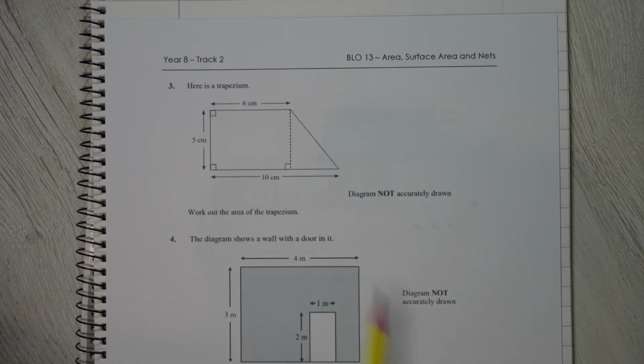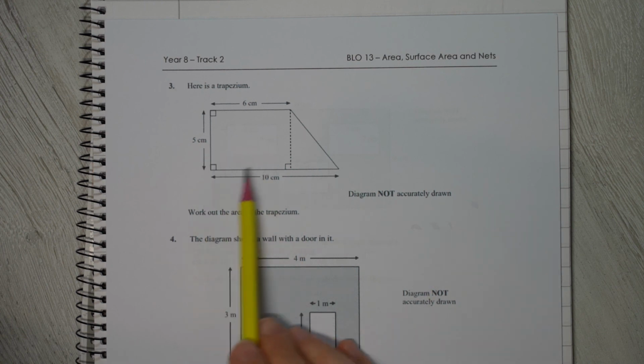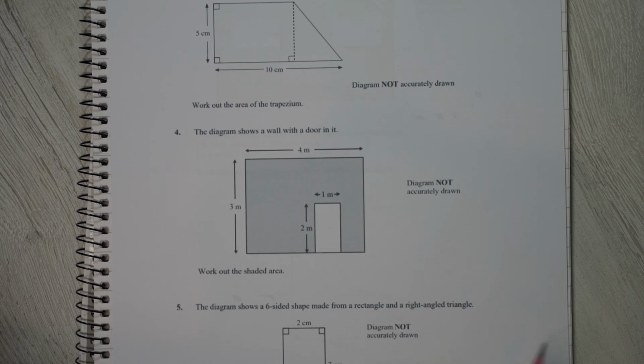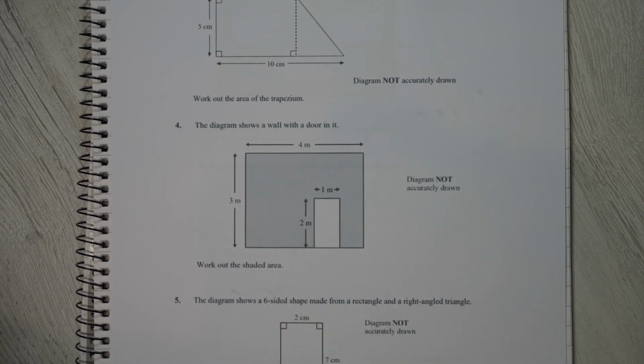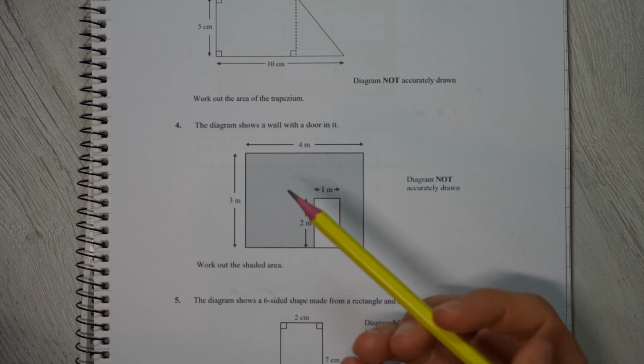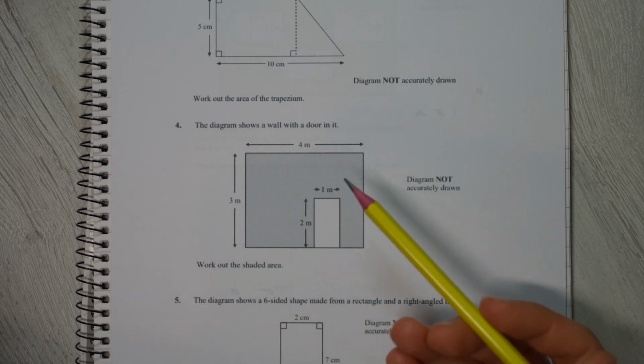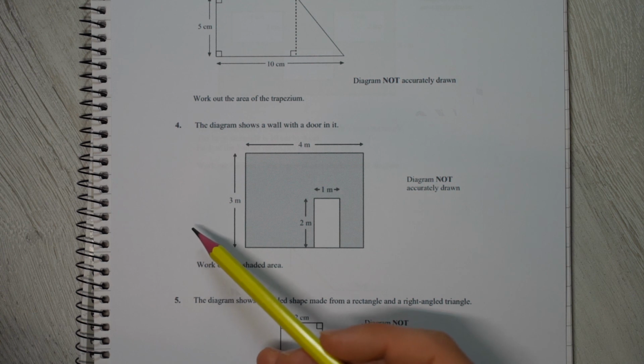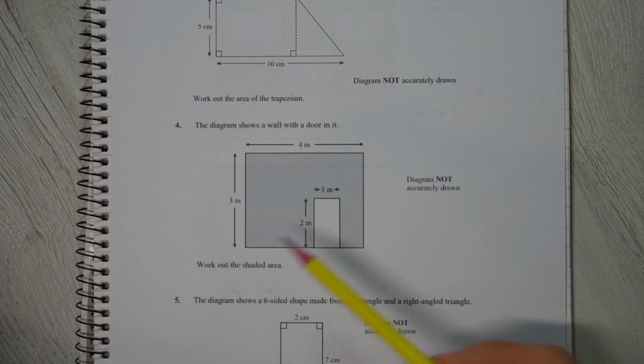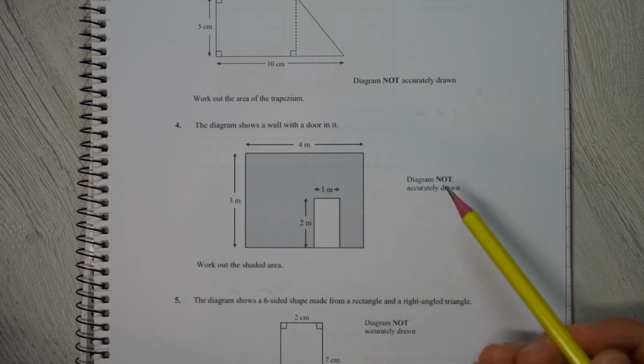We have a similar one here, a rectangle and a triangle. Question 4 over here, we can use both methods, both the adding method that I have showed you and the subtracting method.